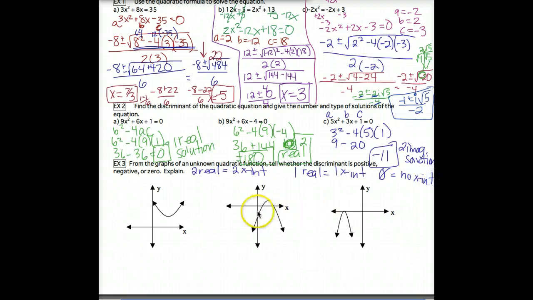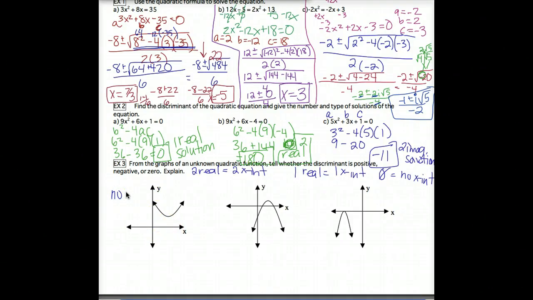So what this question is asking us to do is it says from the graph of an unknown quadratic, tell whether the discriminant is positive, negative, or 0. So you have to use this information that I just kind of wrote down that you should know. If you look at this graph, this parabola does not cross my x-axis, which means there are no x-intercepts.